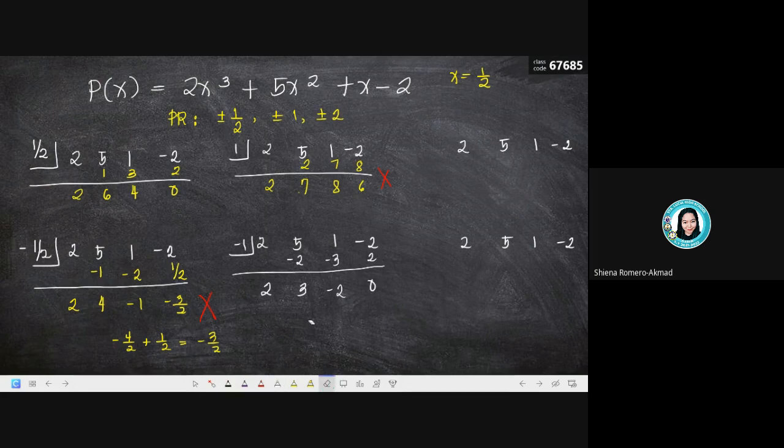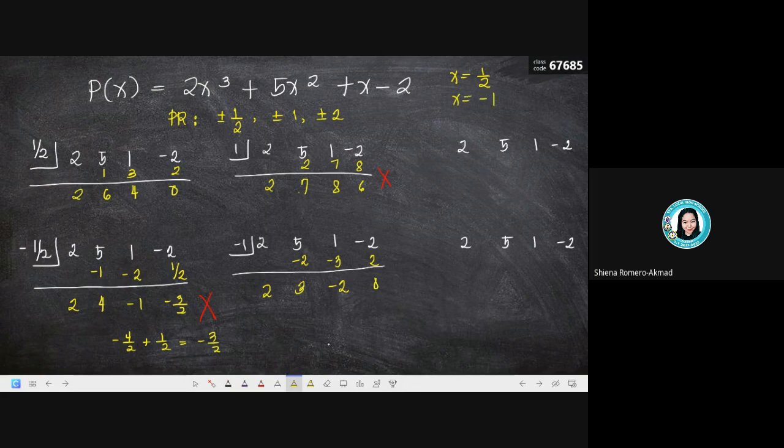Wala, mali yung ginamit ko. 2, 3, negative 2. Ayan. So, x is negative 1.